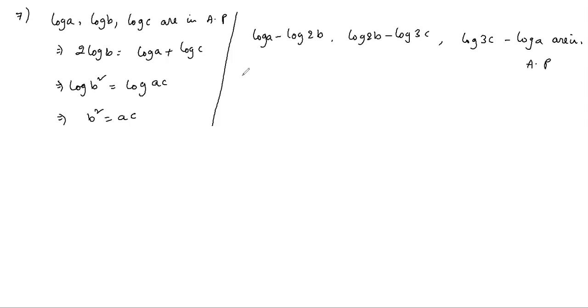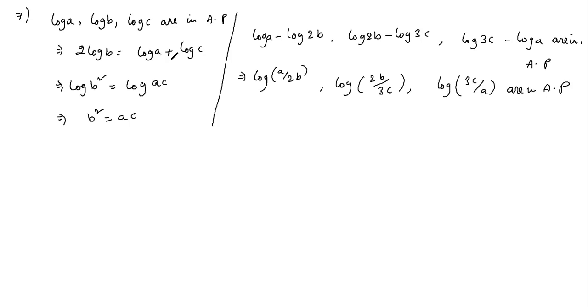So log A minus log B is log A by B. So log A by 2B, log 2B by 3C, log 3C by A are in AP. We apply the same condition: if log A, log B, log C are in AP, B square equals AC. Here B square means (2B by 3C) whole square equals the first term A by 2B times the last term 3C by A.